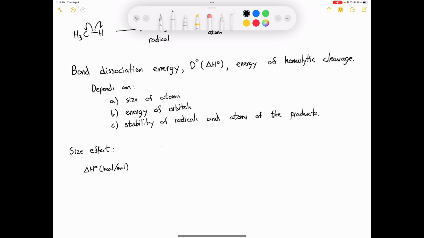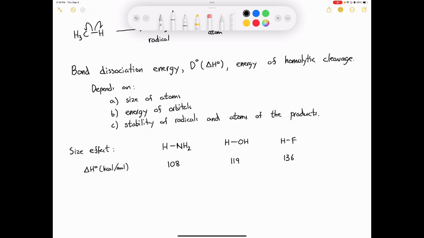Let's look at the trend on the second row from nitrogen to fluorine. The amount of energy it takes to break this bond homolytically is 108. To break the water OH bond homolytically, that's going to be 119. And to break the HF bond, that's going to be 136.